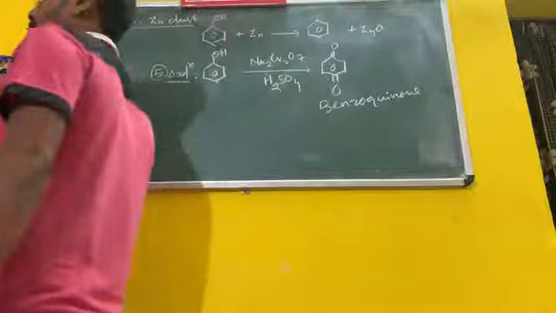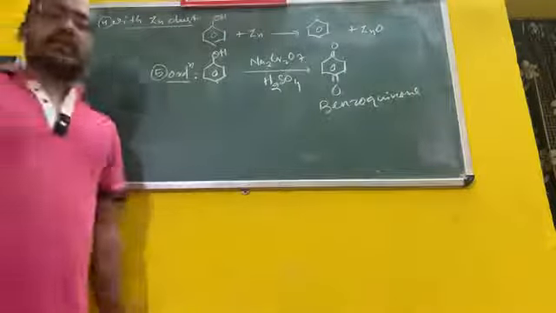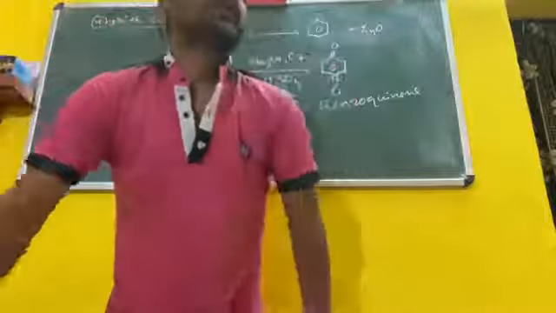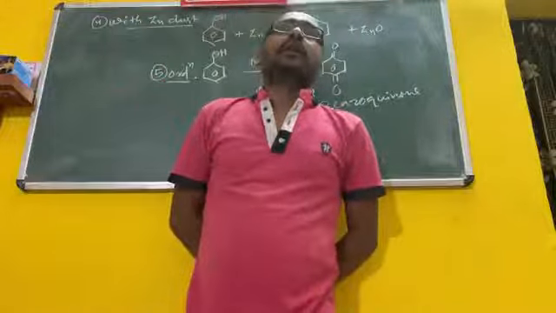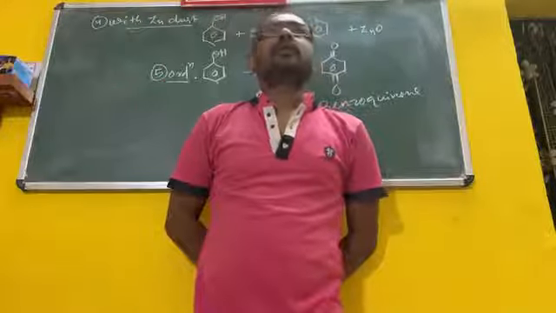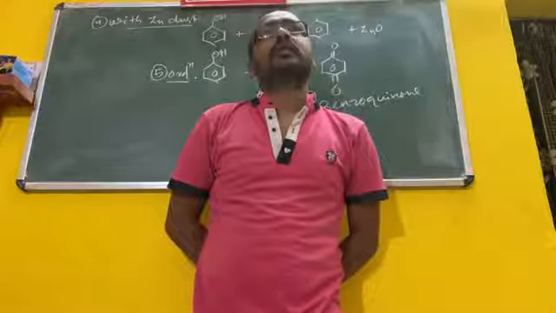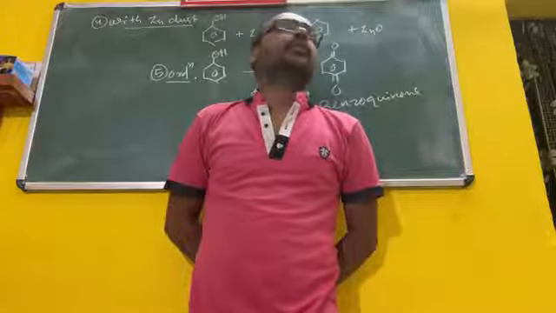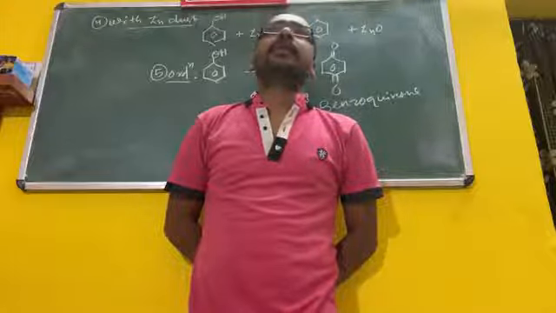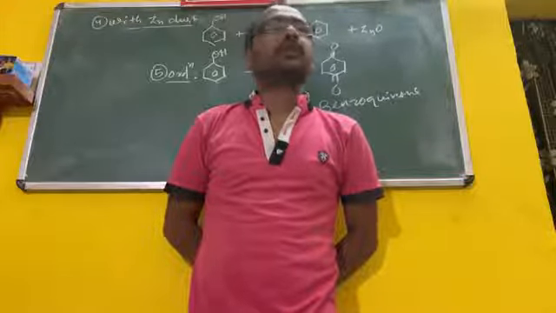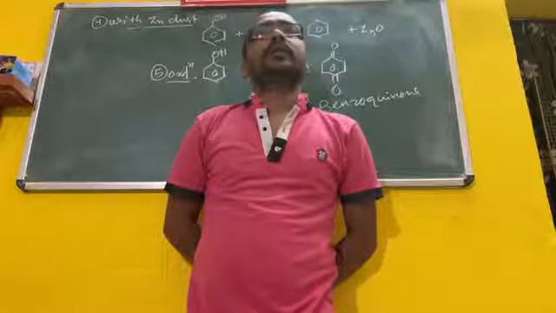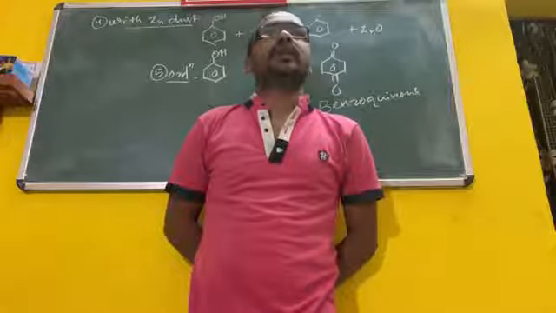So starting in this lesson, alcohols, phenols and ethers, we have discussed first the classification and structure of alcohols. That is, I think, video number 6. Then video numbers 7 and 8, preparation of alcohols. Then video number 9, preparation of phenols and the physical properties.